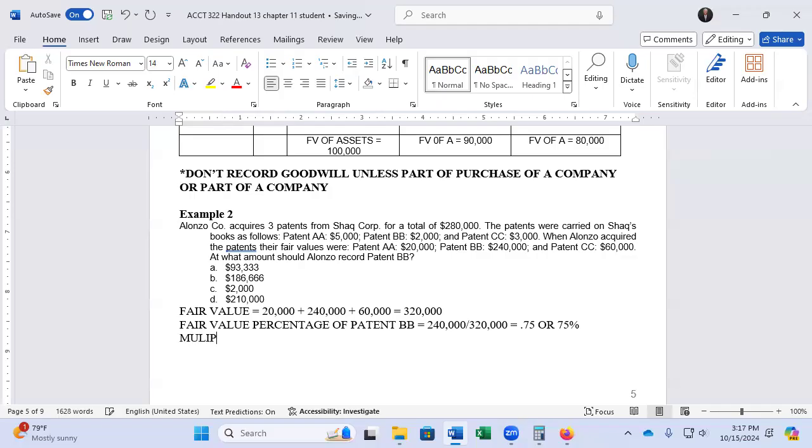You multiply the percentage by what was paid. So we have 0.75 times 280,000. And so the answer is 210,000.